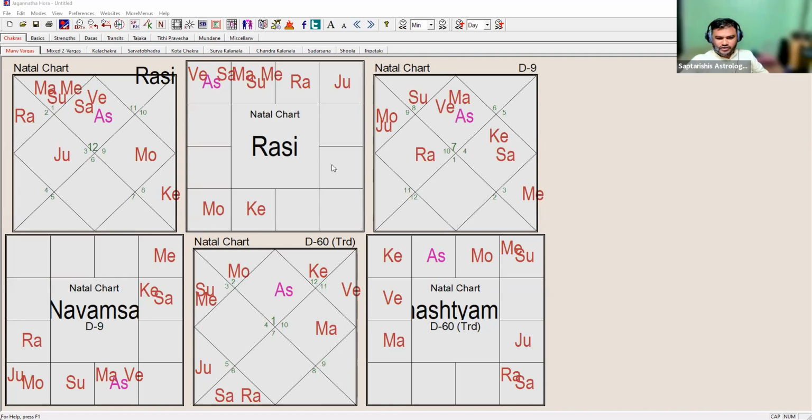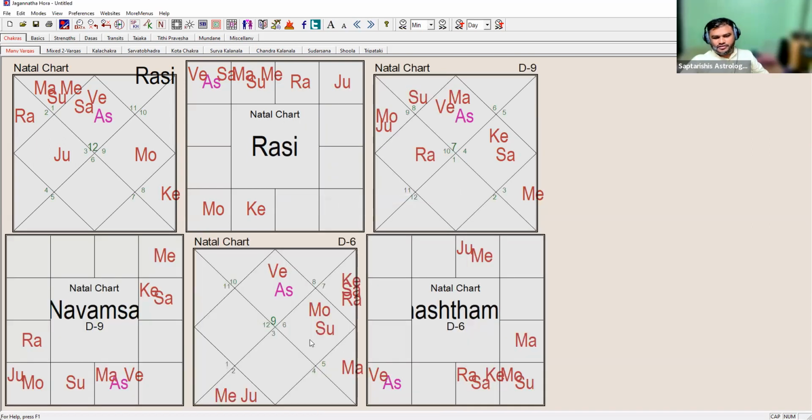Now come back to our next step. D6. Here we saw Leo sign and Sun. You have to pick only these two things in the next step. In D6, Mars is connected with Leo sign. It means Mars is again involved here. And Sun is connected with the Moon.